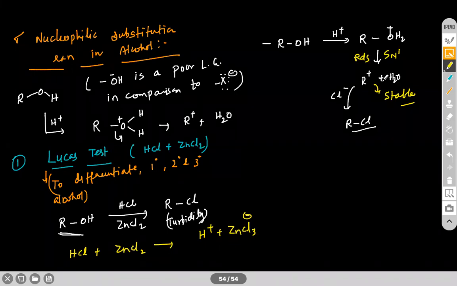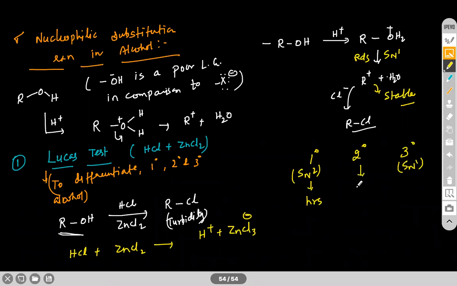So if you have 1 degree, 2 degree and 3 degree alcohol, 1 degree mainly follows SN2, 3 degree follows SN1, right? And here the time required for the turbidity to appear is in hours. Here it is in minutes.